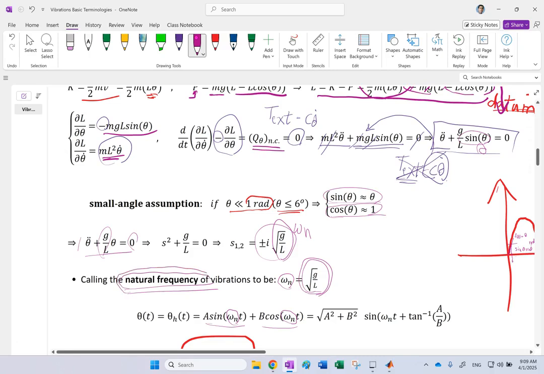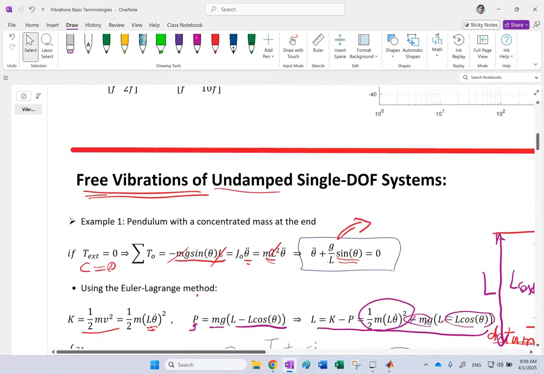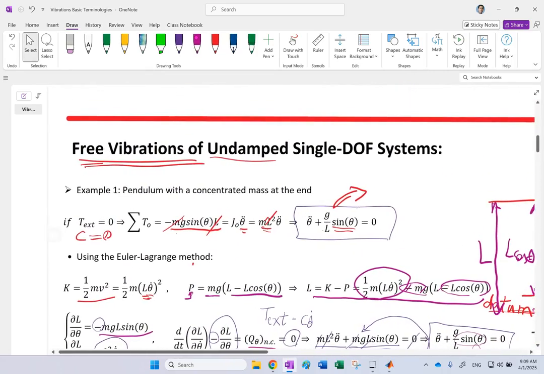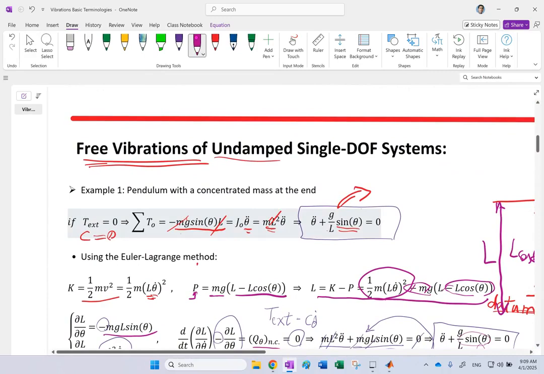Why do I call it natural? Because this is the response of the system to only initial conditions. There is no external force with its own frequency to affect how the system is going to oscillate.